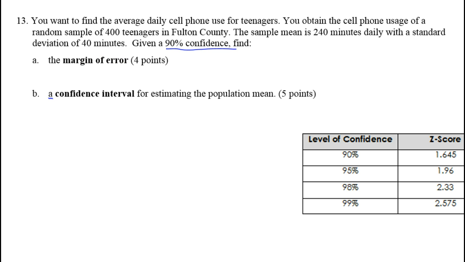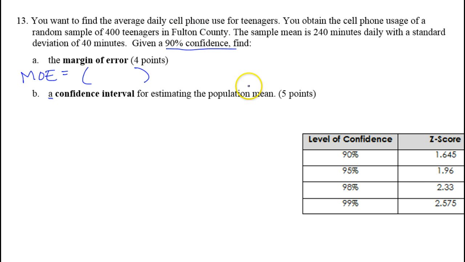Okay, so let's go ahead and calculate that margin of error using the formula that I just showed you. The margin of error is going to equal. Now I said the z-score goes first. And here are the z-scores.